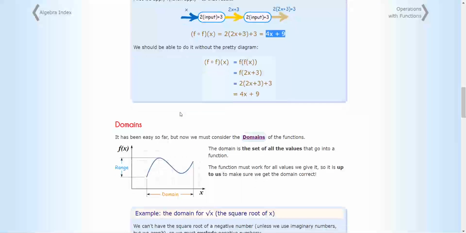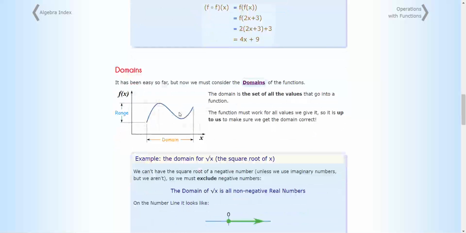Oh yeah, this is the domain. This is what I was talking about earlier. Sometimes you have a domain that you apply to the first function that doesn't apply for the second function. It's very important to consider the domains at all times. To further illustrate, let's explore this section here.